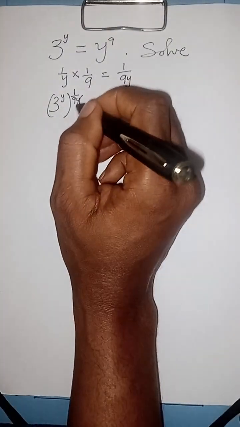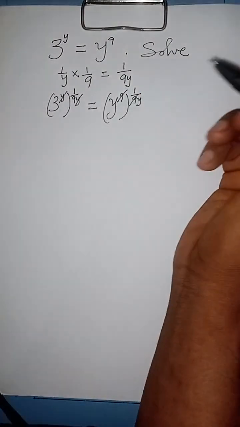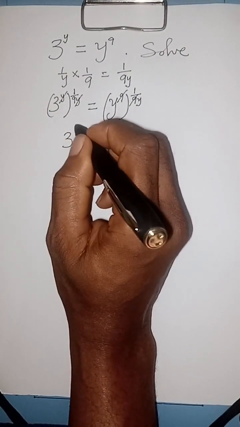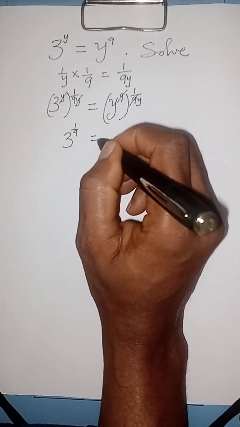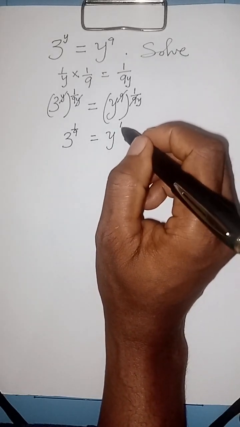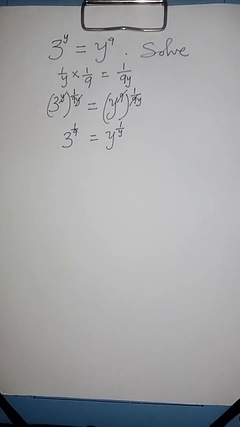If I simplify, this will cancel out, and I'll be left with 3 raised to power 1 over 9 equal to y raised to power 1 over y. Now what I've succeeded in doing is to put the letters on one side of the equation and the numbers on another side of the equation.